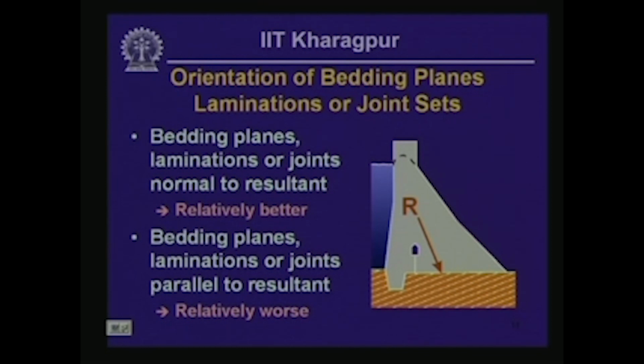And by the way, by resultant what I mean is the vector sum of all the temporary and permanent loads that are being transferred by the dam to the foundation. So in this case we have got the resultant of all the forces to be transferred to the foundation perpendicular to the bedding. So here we are much better off in this configuration.